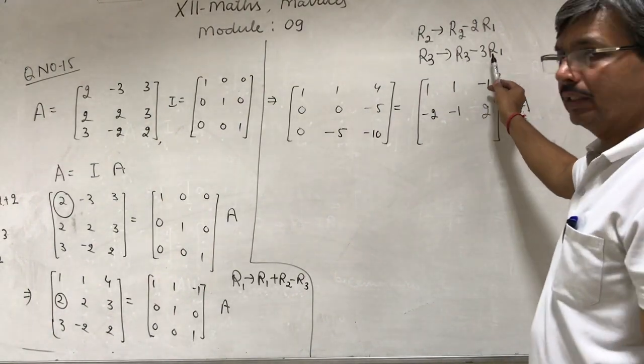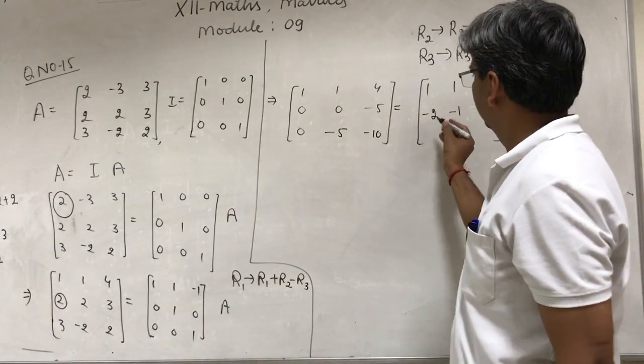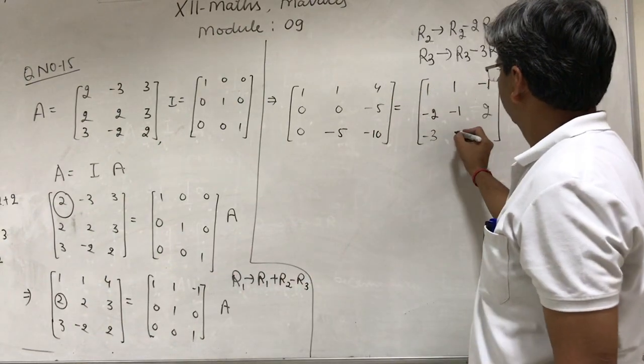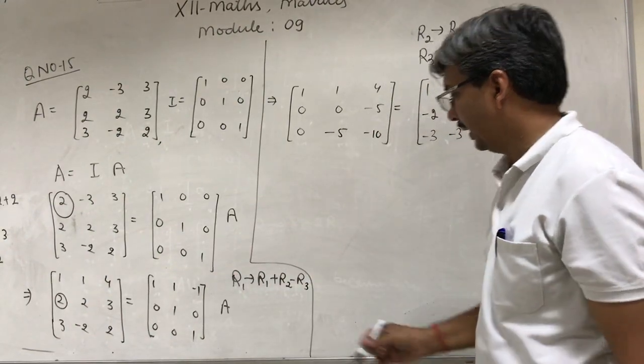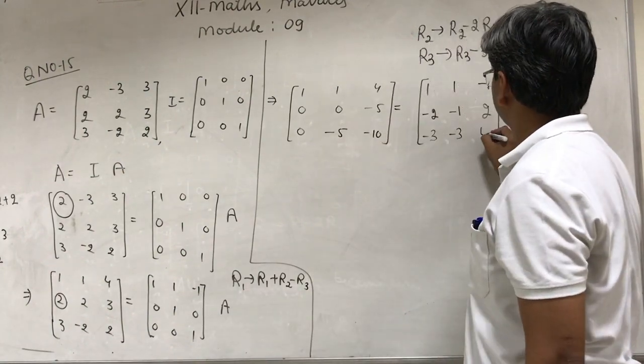Now R3 minus 3R1. 0 minus 3, minus 3. And 1 minus minus 3, 1 plus 3, 4.